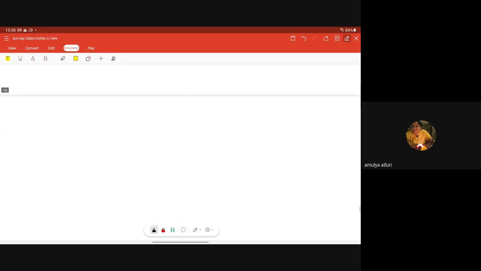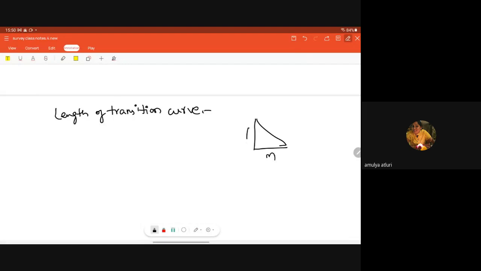Next, length of transition curve. If it is in slope 1 by n, by rate of super elevation first. Length is equal to n times h.